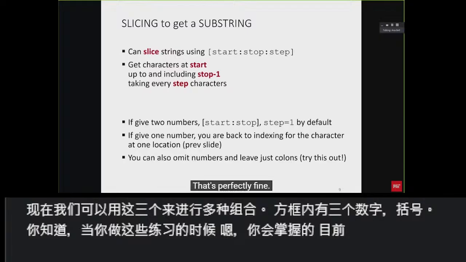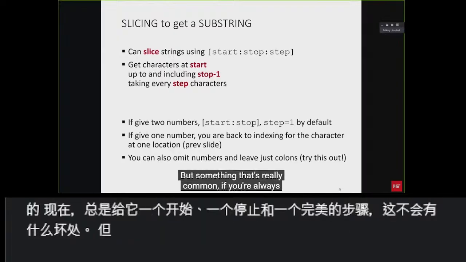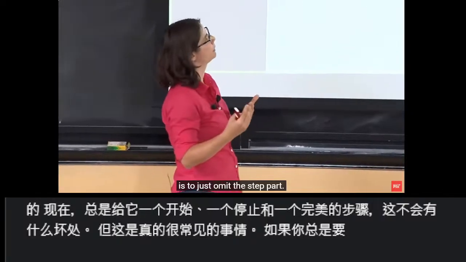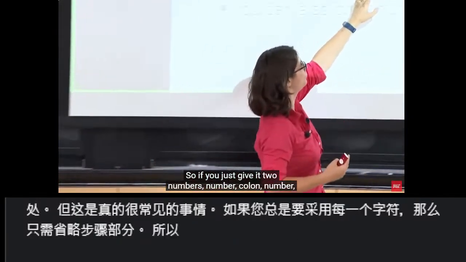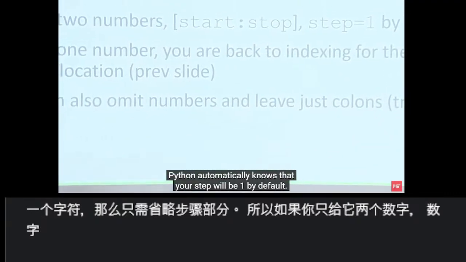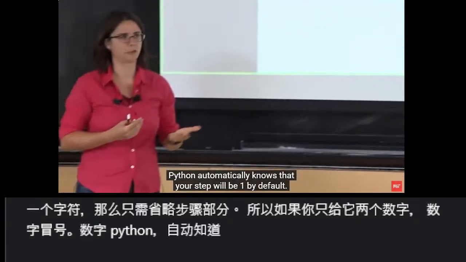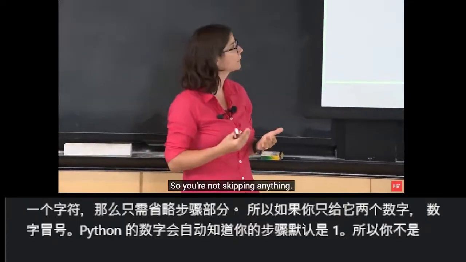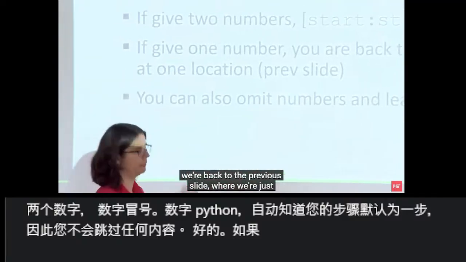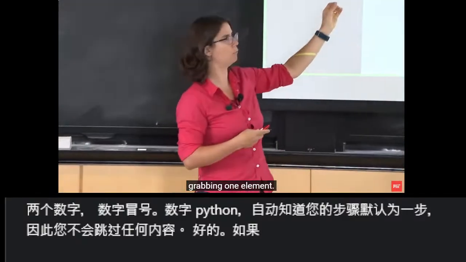That's perfectly fine. But something that's really common, if you're always going to take every single character, is to just omit the step part. So if you just give it 2 numbers, number colon number, Python automatically knows that your step will be 1 by default. So you're not skipping anything. Okay? If you're just giving it 1 number, no colons, we're back to the previous slide, where we're just grabbing 1 element.